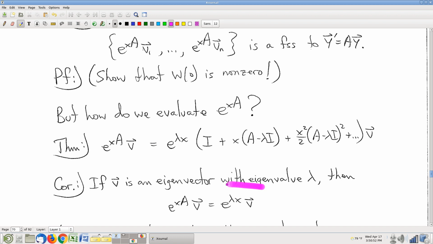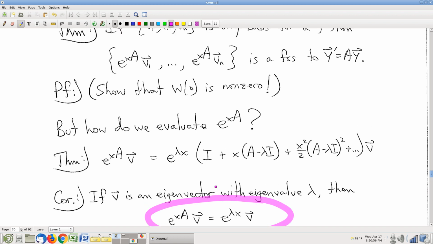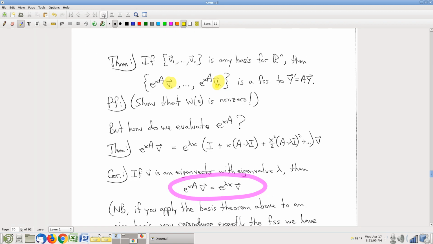How are we doing? Everybody on board? Okay. So to whatever extent I choose eigenvectors in that basis, I get stuff that's easy to compute for these matrix exponentials. Again, keep in mind we get to pick any basis we want, any basis at all.